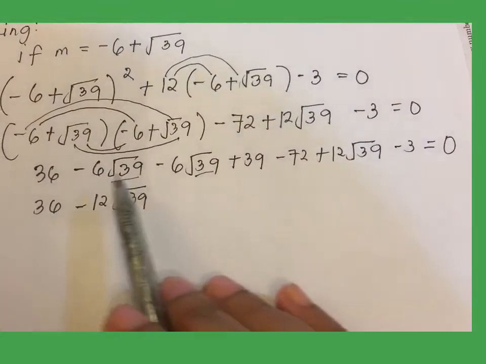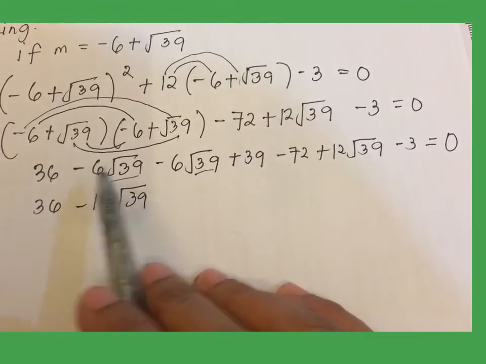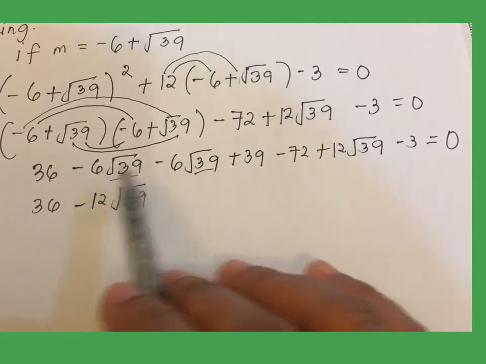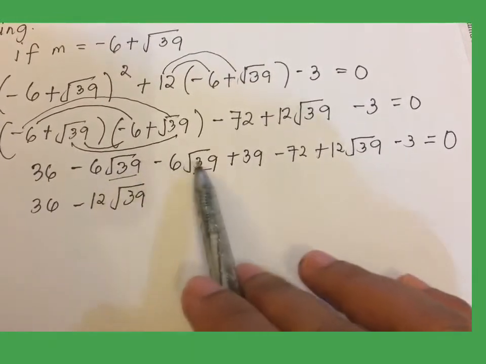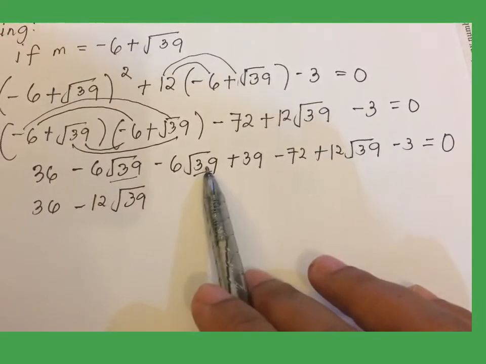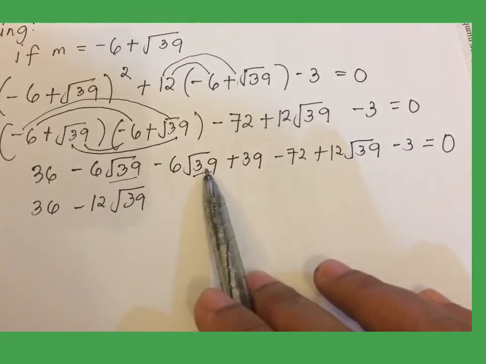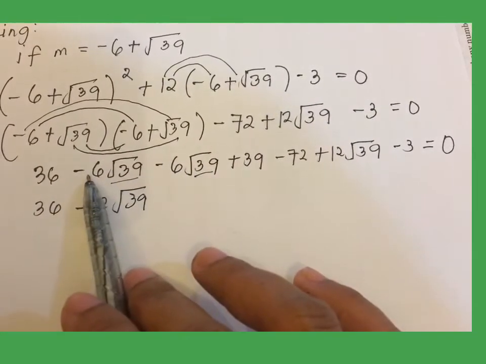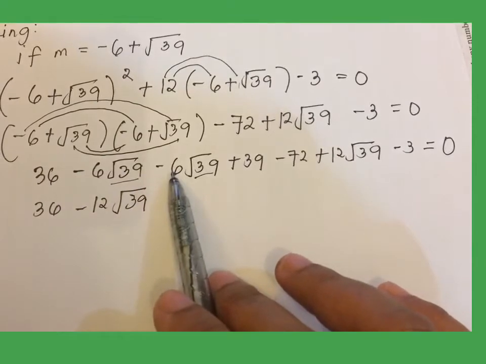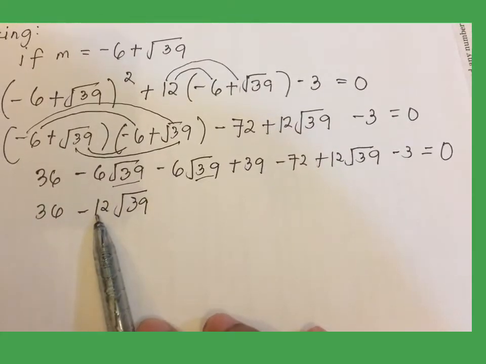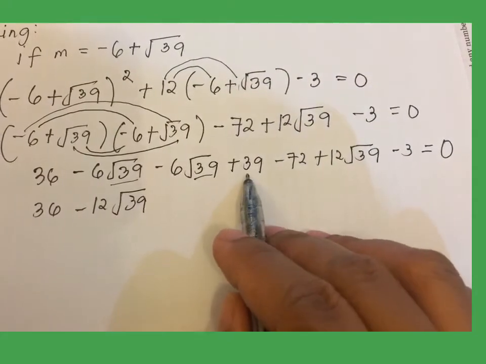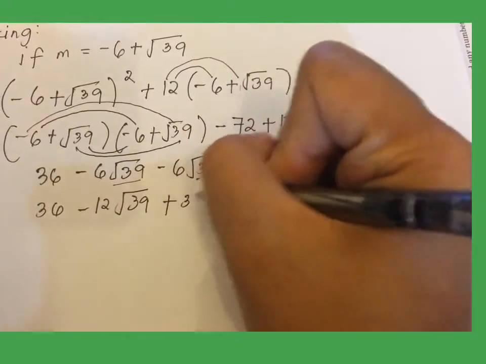Remember that you can combine radicals with the same radicands. Since they have the same radicands, 39 and 39, we can combine negative 6 plus negative 6, which equals negative 12 square root of 39. Then we have positive 39 here.